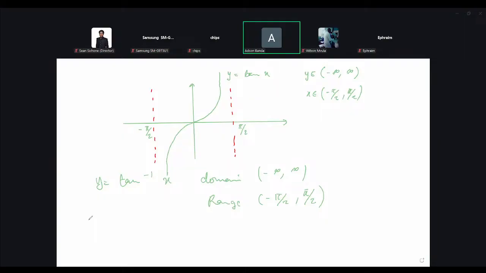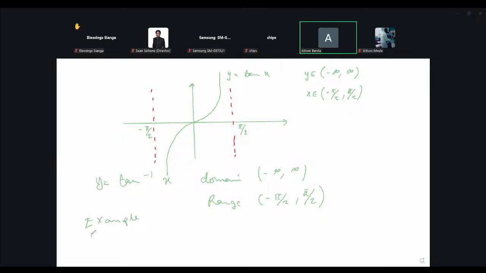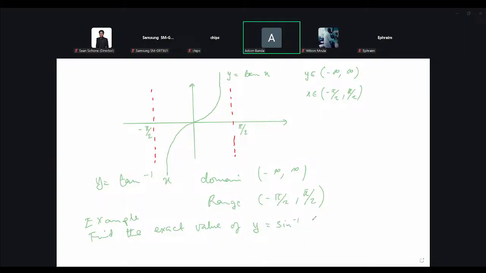Now, let's see a simple example. Let's find the exact value of y is equal to sine inverse of root 3 over 2.